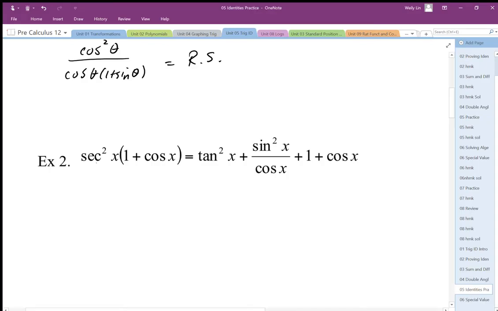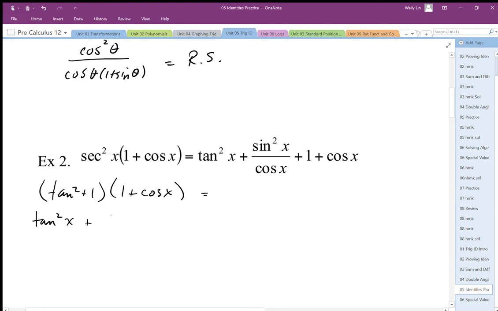So secant squared is an identity. It is tan squared plus 1. Again, we should have our formula sheets out. And I multiply by 1 plus cos. This is going to generate the same number of terms. Well, if I multiply this out, I get tan squared. Well, I have a tan squared matching already.